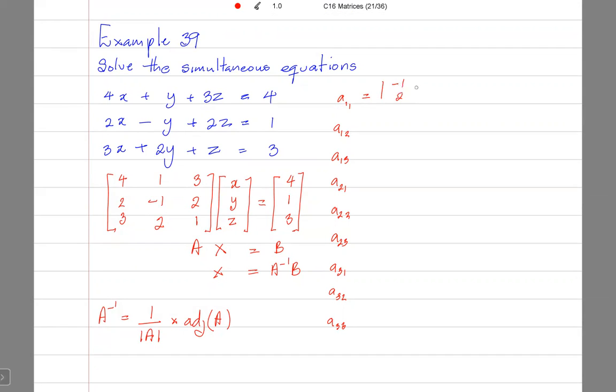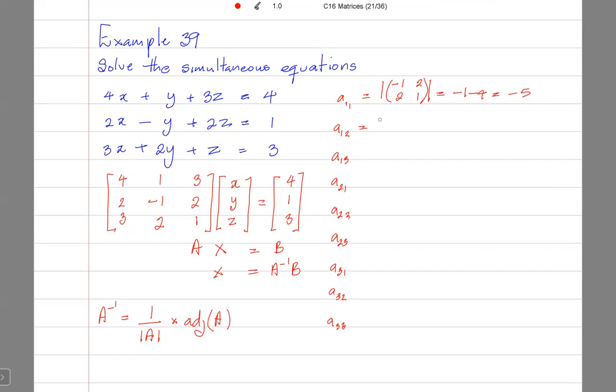-1, 2, 2, 1, and this is equal to -1 minus 4, which is -5. Second element, first row, second column, which is a 1.